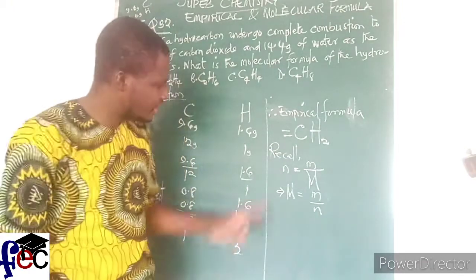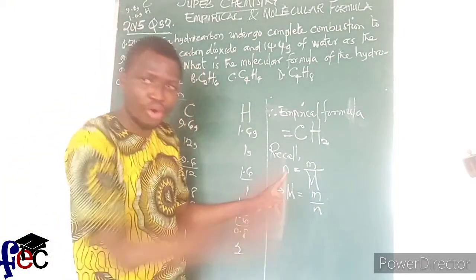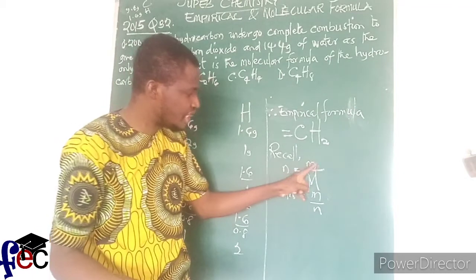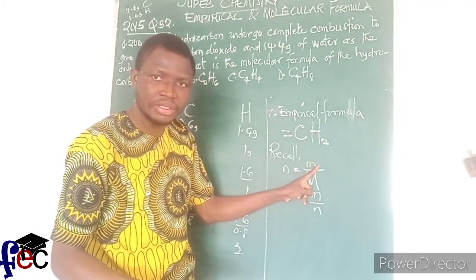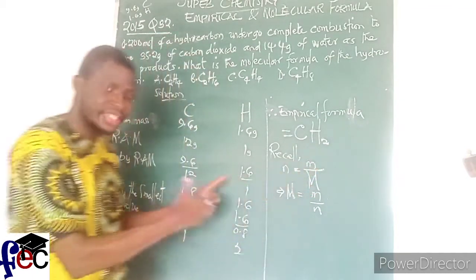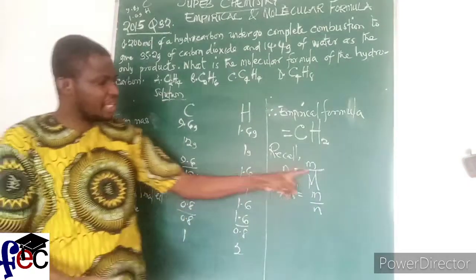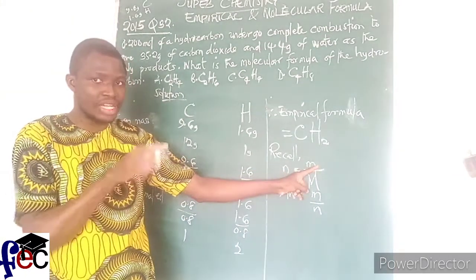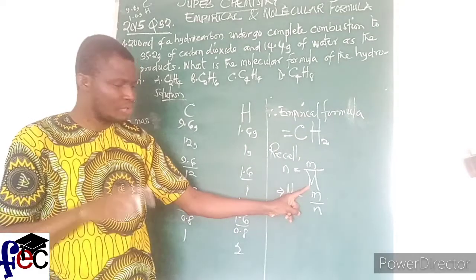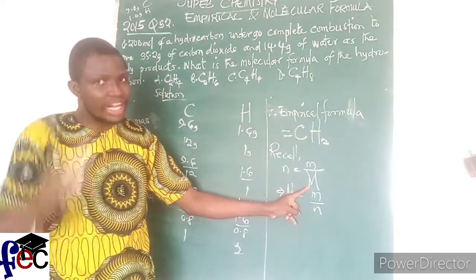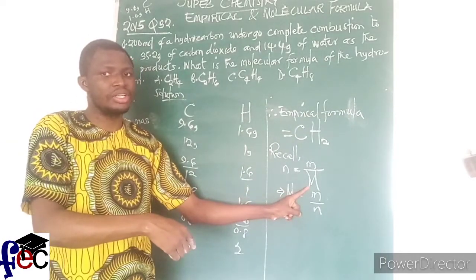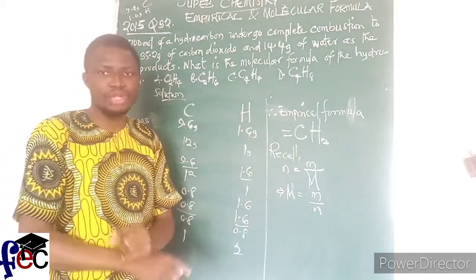They gave me the number of moles of the hydrocarbon. Do I know the given mass of the hydrocarbon? They didn't give me, but I've calculated something that will help me get the mass of the hydrocarbon. Do I know the molecular mass of the hydrocarbon? No, that's what I want to calculate. Okay, so that I will use it to get the molecular formula.